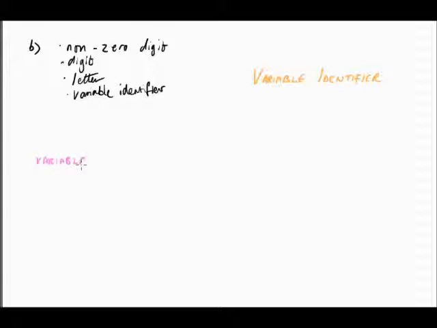We need to use the term variable identifier somewhere. We need to start with a non-zero digit. Then we'll have either a letter or group of letters. And then we might finish with a digit.